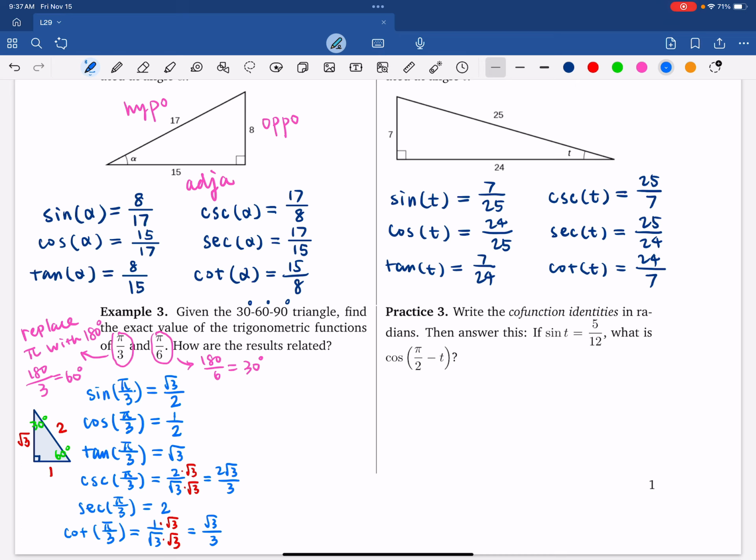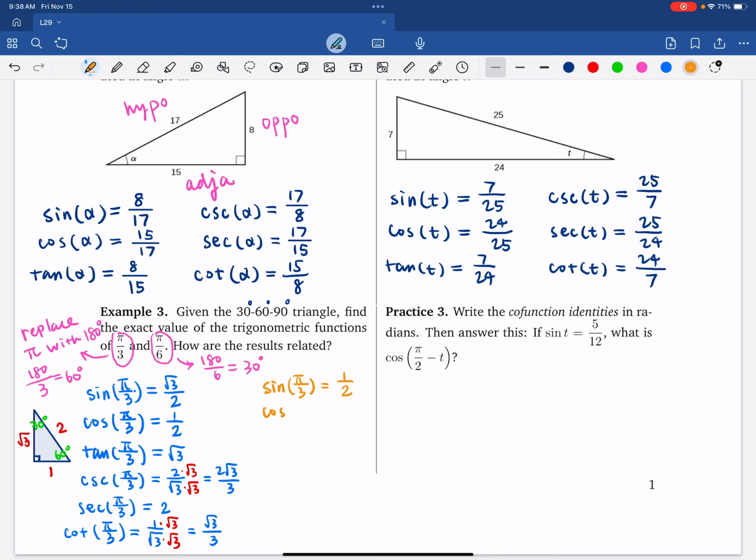All right, and then let's do the same thing for pi over 6, 30 degrees. So sine of pi over 6 is SOHCAHTOA. It'll be opposite divided by hypotenuse. So if you look at the triangle, 30 degrees is right here. Opposite is 1, hypotenuse is 2, so it's 1 over 2.